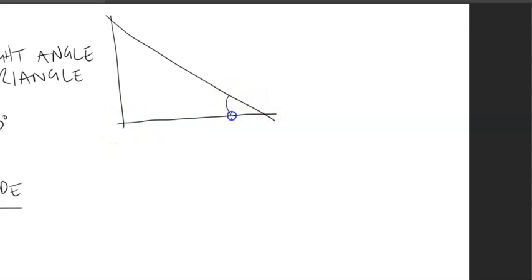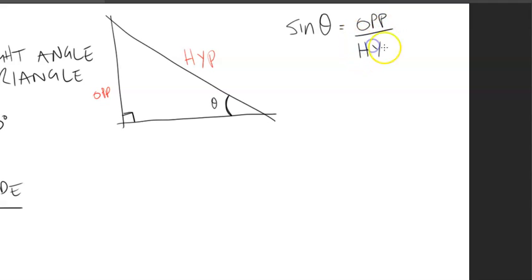If I was given an angle here, which is theta, and this is 90 degrees, and the opposite and the hypotenuse were given, my shorthand notation will be sine theta is equal to the opposite divided by the hypotenuse. It's a made-up terminology, a made-up formula.